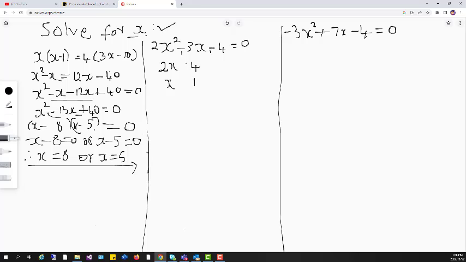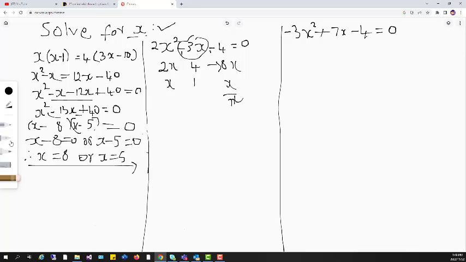So if we subtract the cross products, we should get minus 3x. Is that the case here? 2x times 4 gives 8x, and x times 1 is x. 8x minus x is 7x, not 3x. We're not getting minus 3x, so 4 and 1 don't work.